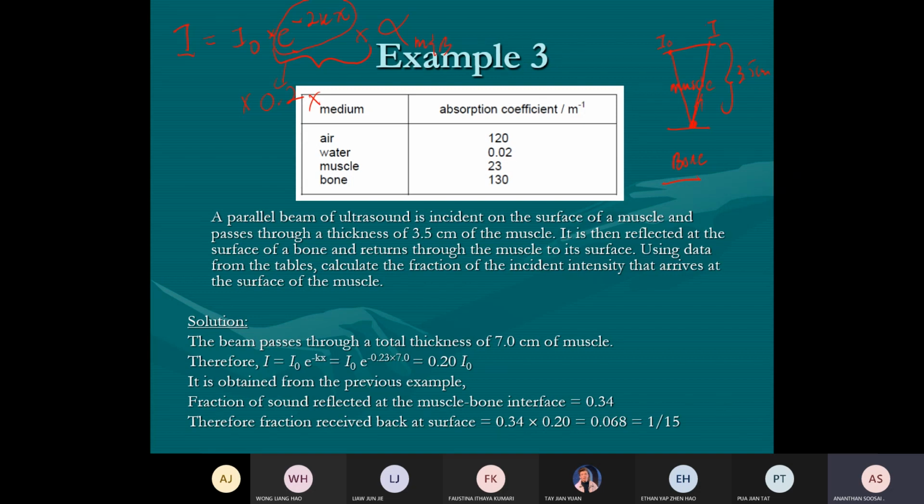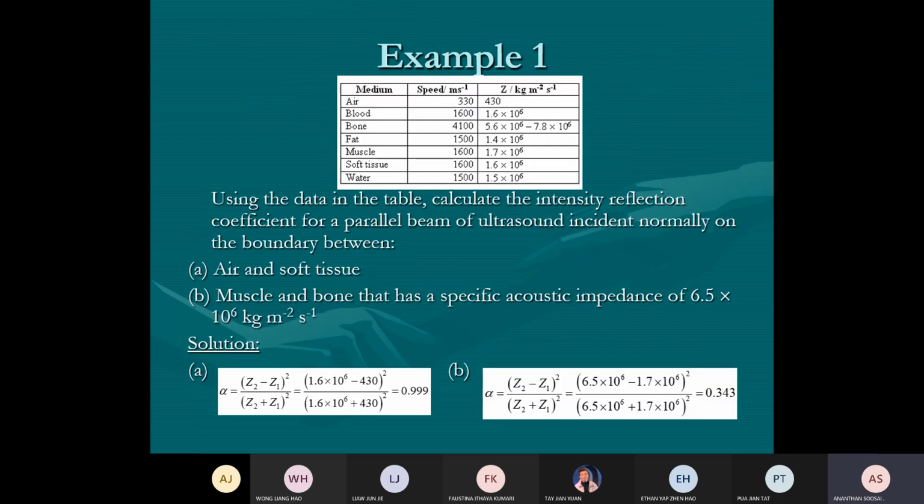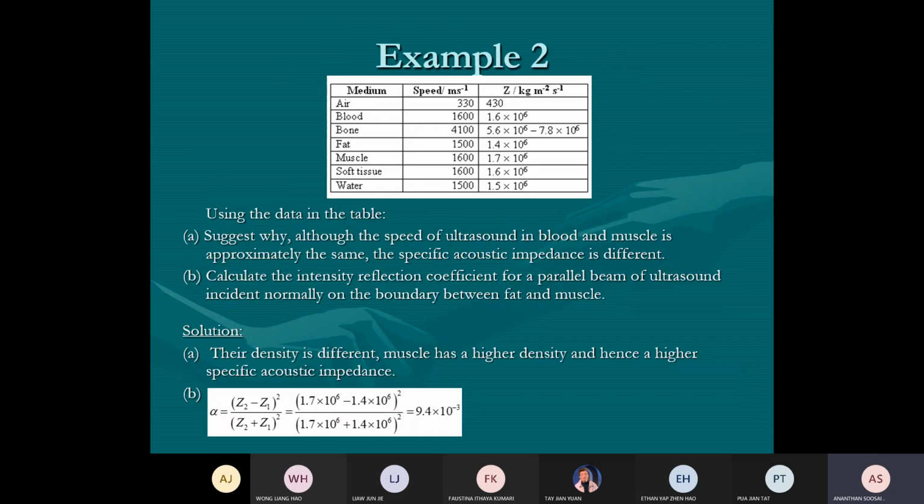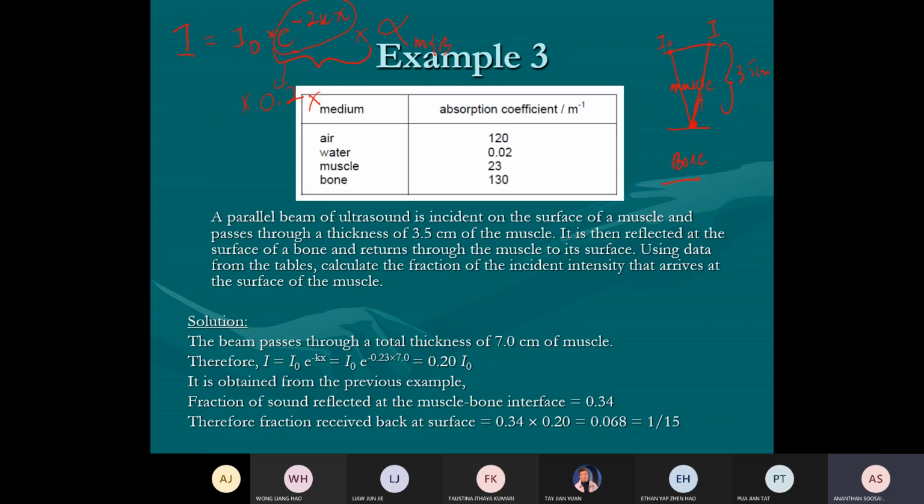So alpha for muscle and bone is 0.34. This is I naught, this is I. So I over I naught will be what? 0.2 times 0.34, and you get about 0.06.